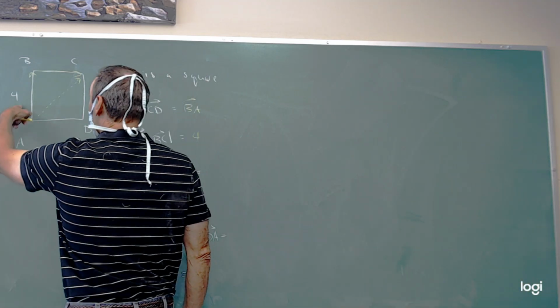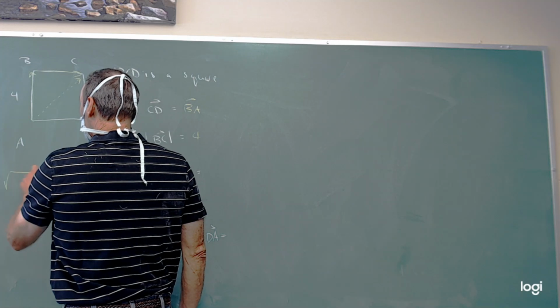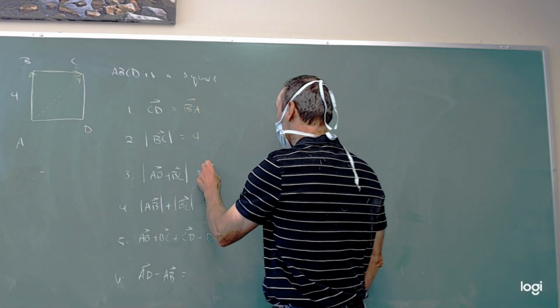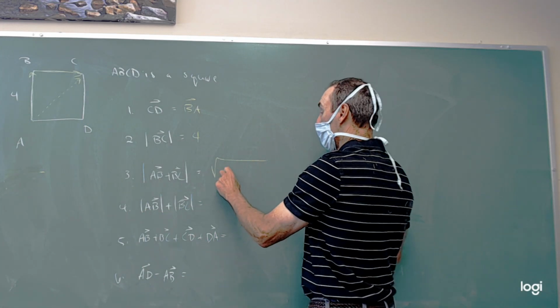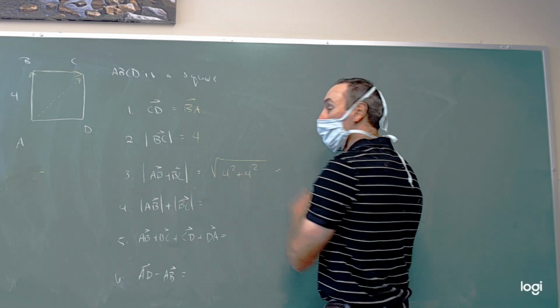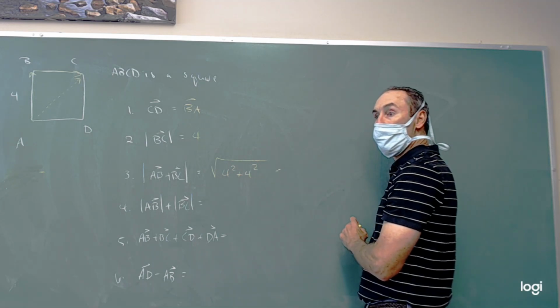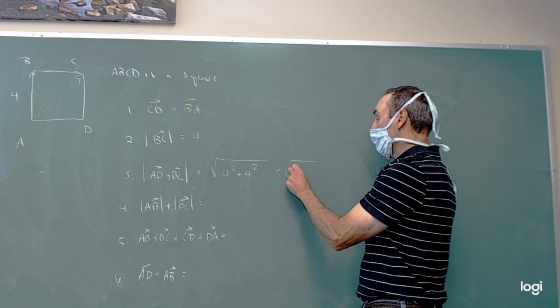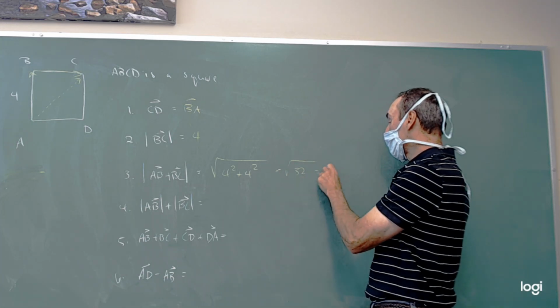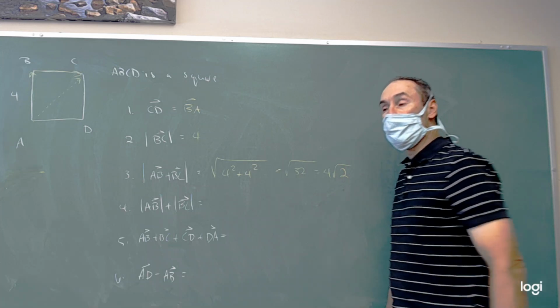It's going to be the square root of 4 squared plus 4 squared, that's going to be 32, which is 16 times 2. So it's going to be 4 square root of 2.